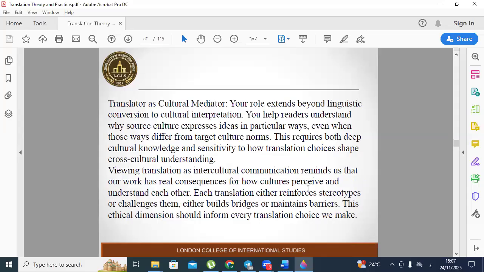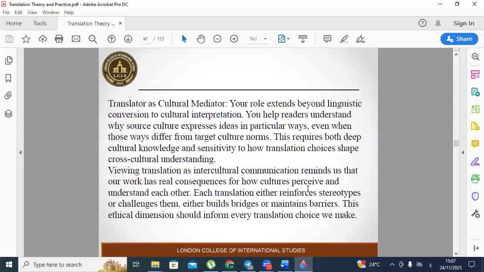Translator as cultural mediator. Your role spans beyond linguistic conversion to cultural interpretation. You help readers understand why the source culture expresses ideas in particular ways, even when those ways differ from target culture norms. This requires both deep cultural knowledge and sensitivity to how translation choices shape cross-cultural understanding.